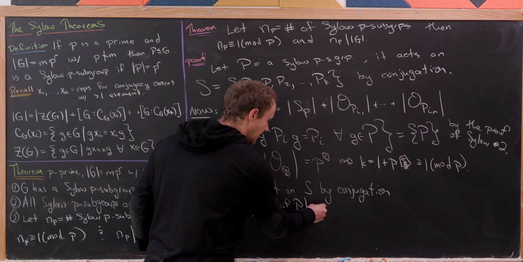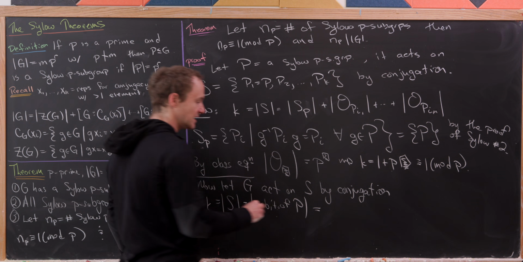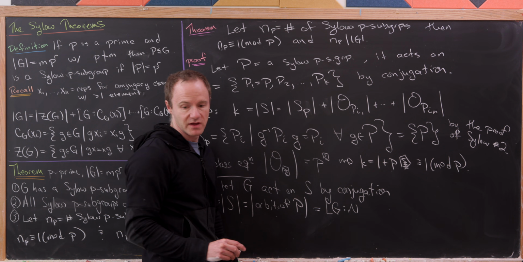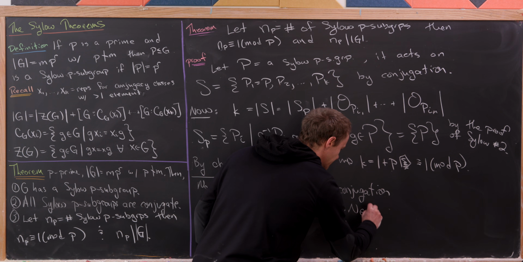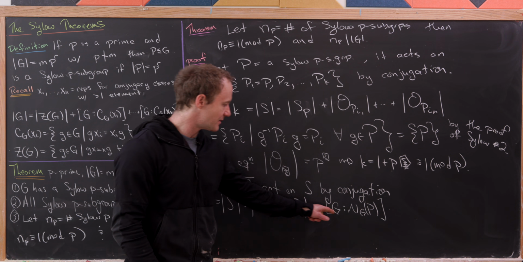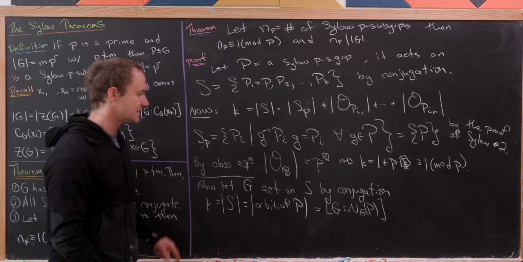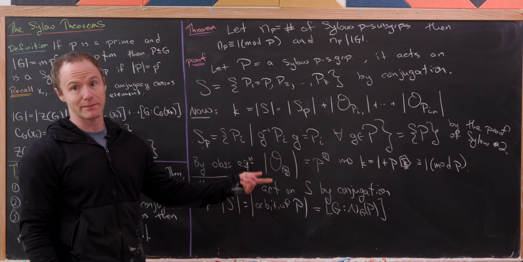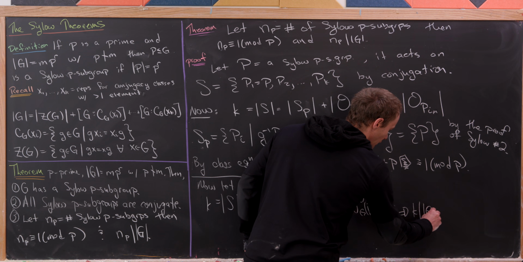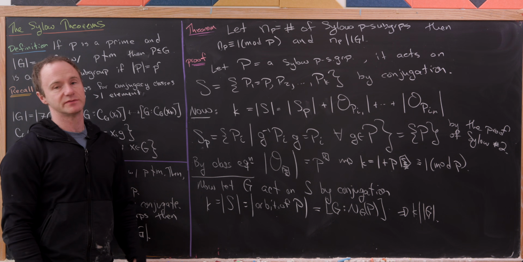But then again, by stuff we did when we were learning about the class equation, that's the same thing as the index of the normalizer of P in G. And then by our previous lemma, this index divides the order of the group, which means our k, which happens to be equal to that index, also divides the order of the group. And there we have it. We've got this theorem proved.